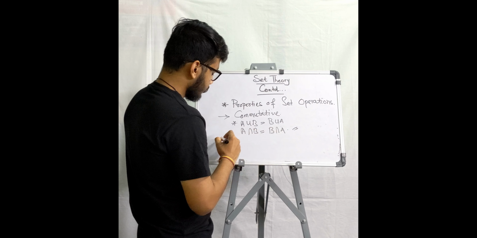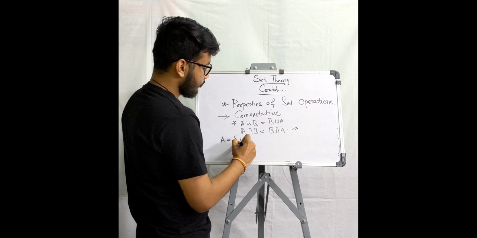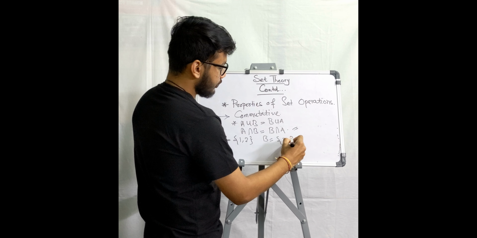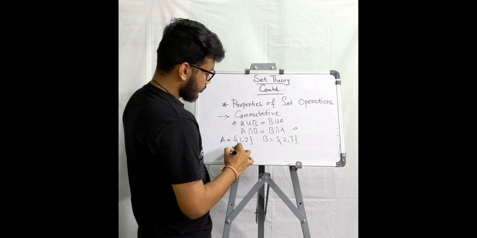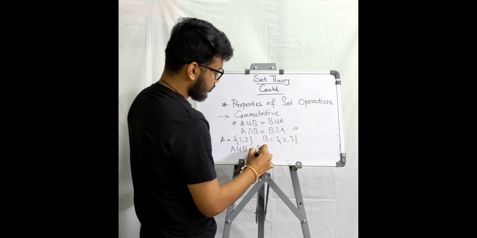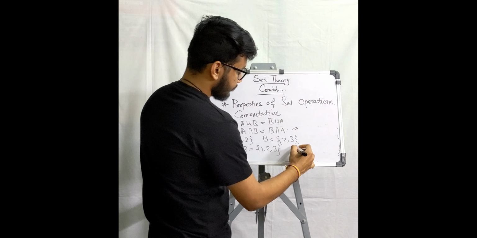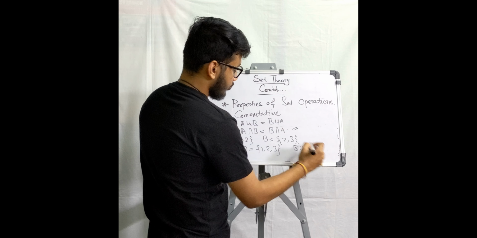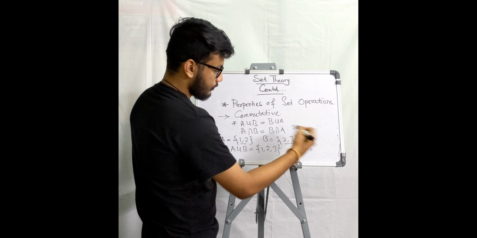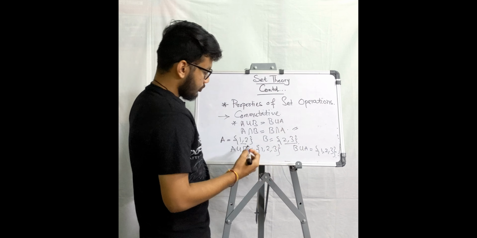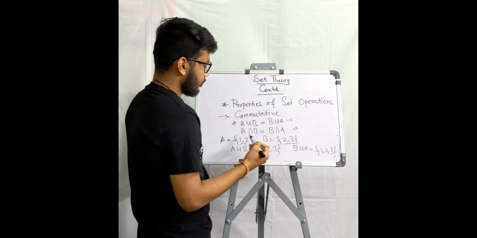So let's take A as the same 1 and 2 and B as 2 and 3. What is A union B? Obviously 1, 2 and 3. What is B union A? Obviously 2, 3 and 1, 2. Obviously 1, 2 and 3. So this also is proved.